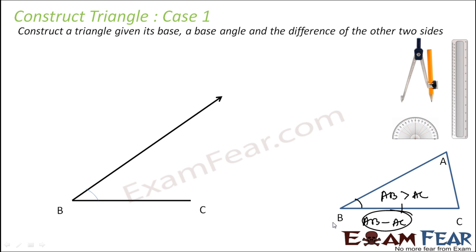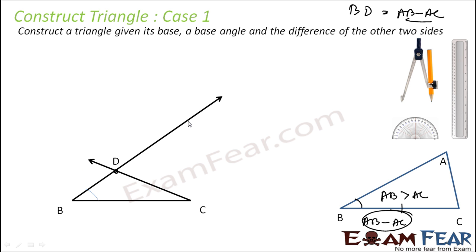So what we can do is draw this point AB minus AC, and we can join it. What we have done is this point is AB minus AC. So here BD is nothing but AB minus AC, which is given. So we have drawn the point D first, and then we have joined it. Now this BD is AB minus AC.